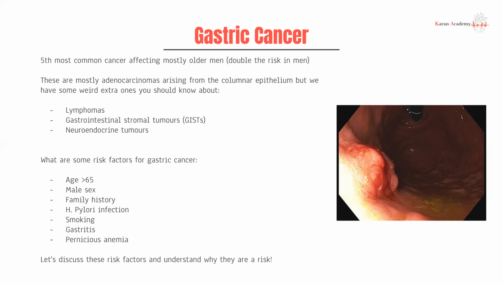Gastritis, as the name suggests, is inflammation of the gastric mucosa. The more inflammation, the more the risk of malignant conversion. And then pernicious anemia, which is an autoimmune condition. With autoimmune conditions, you could have long-term levels of lymphocytic inflammation, and that again predisposes you to cancers.